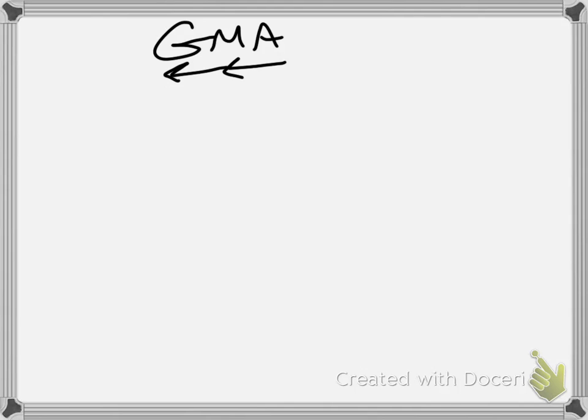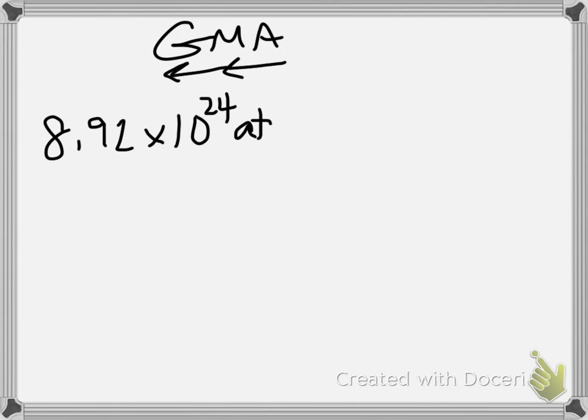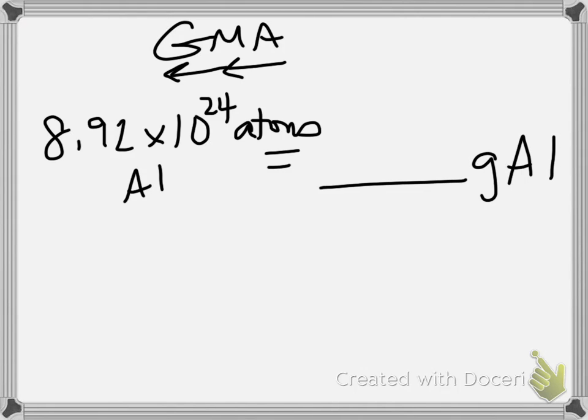Let's say somebody tells you that they are going to give you, for a limited time, 8.92 times 10 to the 24th atoms of aluminum. And they would like to know how many grams of aluminum we're talking about. Okay. What goes in the first box of our factor label? Always, always, always the given. 8.92 times 10 to the 24th atoms aluminum.